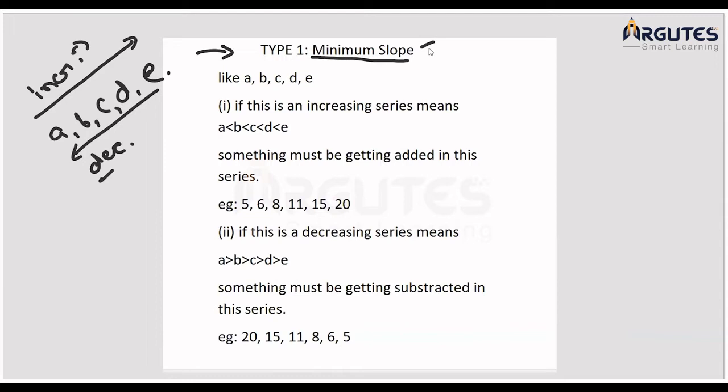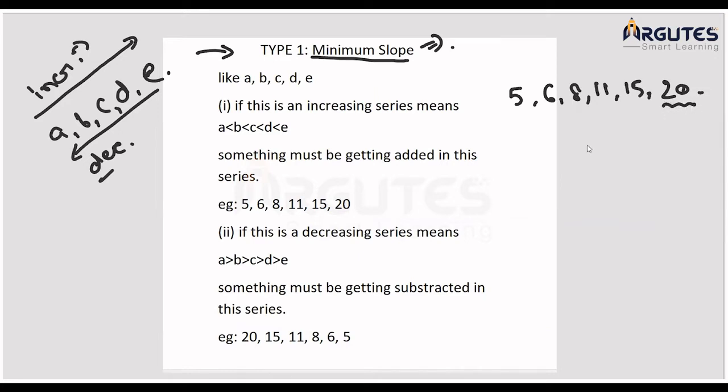So what do we try to find out in minimum slope? Suppose the numbers are given in the form 5, 6, 8, 11, 15, 20. How do we recognize whether it is minimum slope, maximum slope or mean slope, and what is the use of that? We just look at the larger numbers.